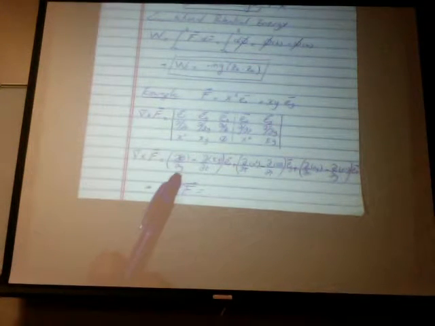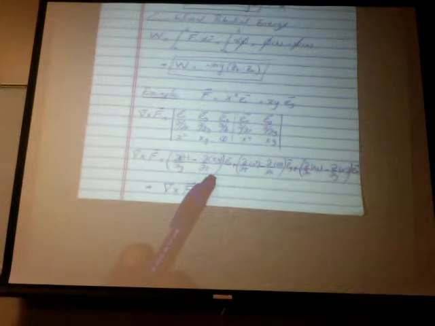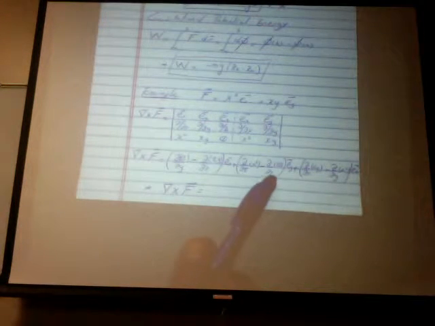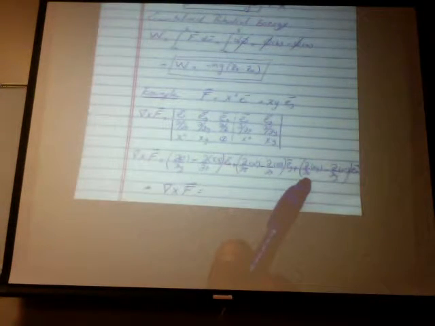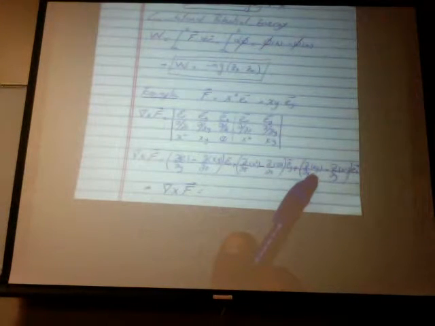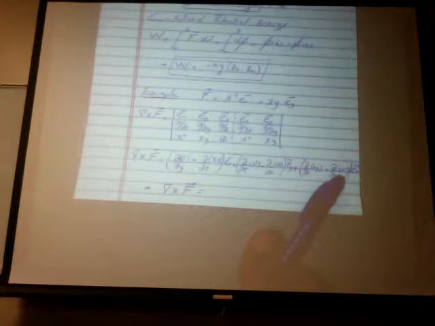So what is the curl of this vector? In the x direction, 0 and 0. In the y direction, 0 and 0. And in the z direction, the derivative with respect to x of xy will be y, and the derivative with respect to y of x squared will be 0.